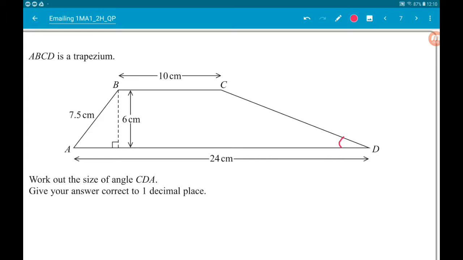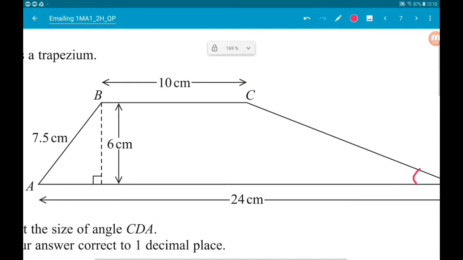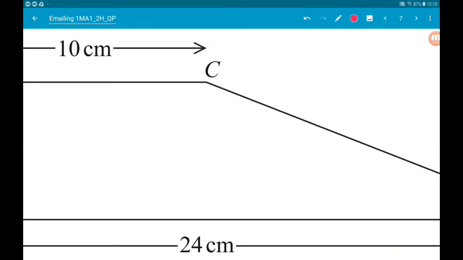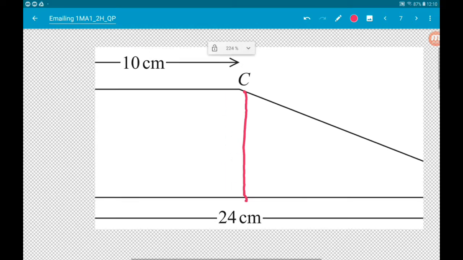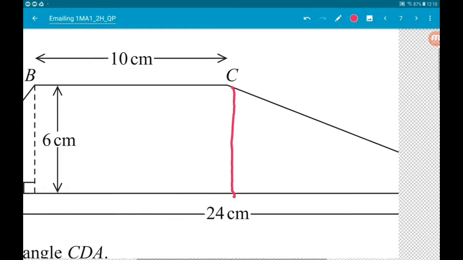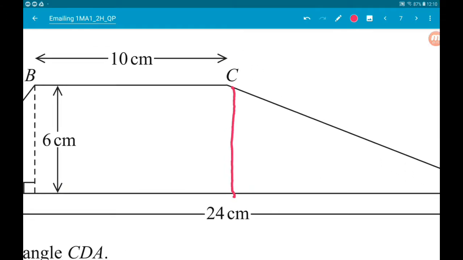So, what we can do, first of all, is draw a vertical line there, which we know is 6 centimeters. So we're going to be a little bit lazy with notation and just write 6.